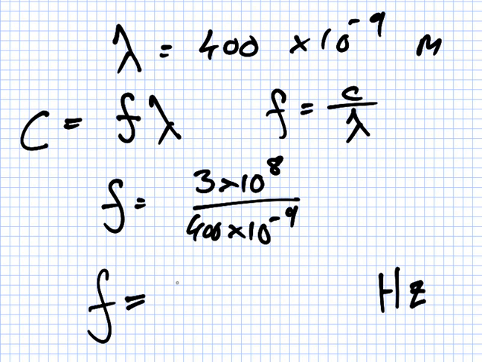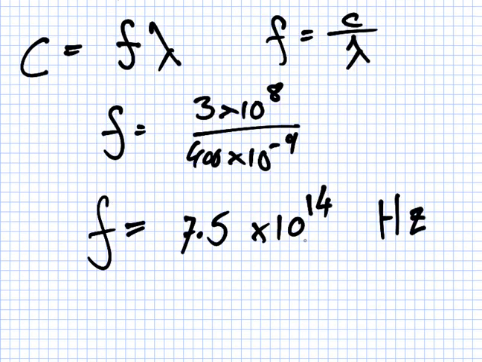What is it? Yeah. 1.5 times 10 to the what? This is it? Yeah. So that's the first part. Now the second part is what is the energy of this photon. So we think about it like this.